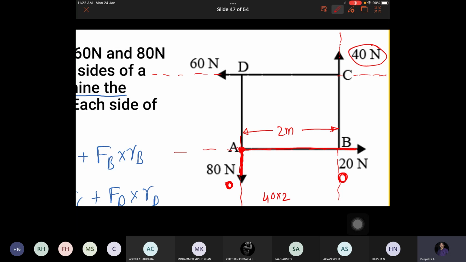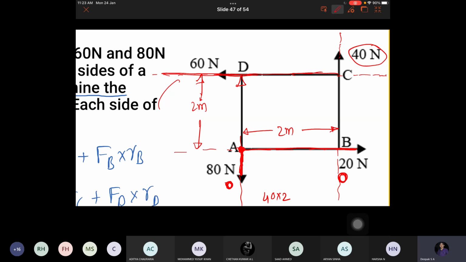So next one, what is the next force? 60 Newton. What is the distance between here to here? It is again a square, 2 meter. Now it is going in which direction, clockwise or anti-clockwise? Again it is anti-clockwise. Correct or not? Yes, sir. See, think like you are having a compass with this as center and this as radius.